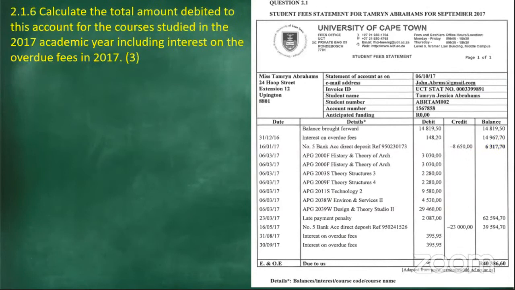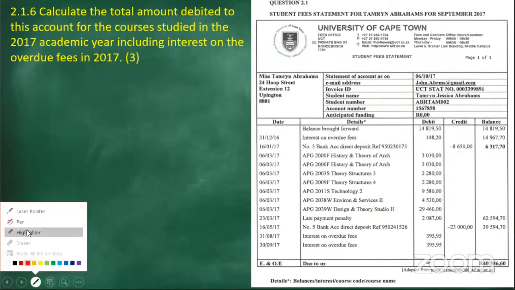2.1.6. Calculate the total amount debited to this account for the courses studied in the 2017 academic year, including interest on the overdue fees in 2017. So we're calculating the total amount debited to this account in the year 2017.